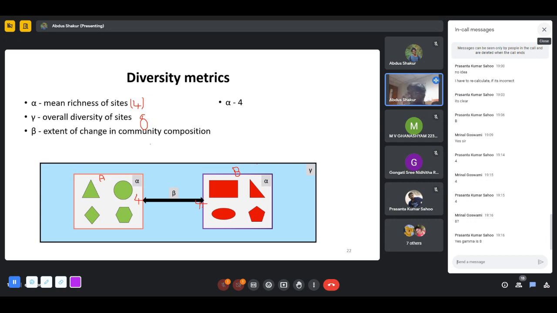There are multiple ways to calculate beta diversity, but I will tell you the easiest way, which is you can divide the gamma diversity by alpha diversity. So gamma by alpha. What will be the beta diversity of this area when you calculate it by gamma by alpha?